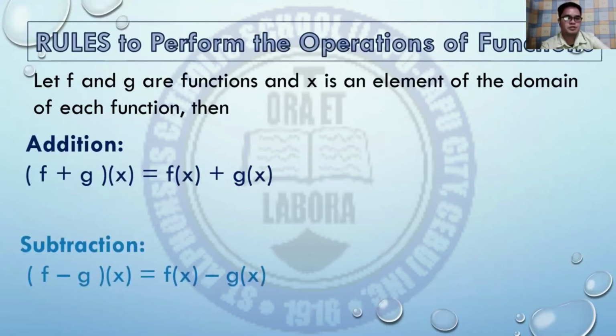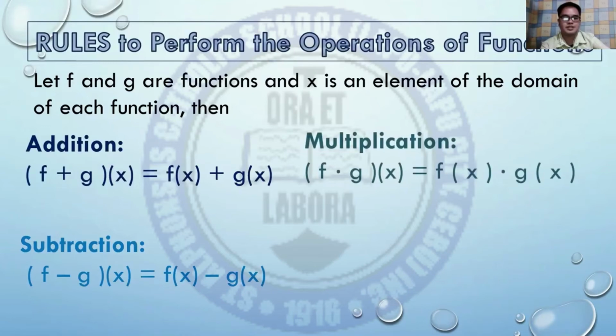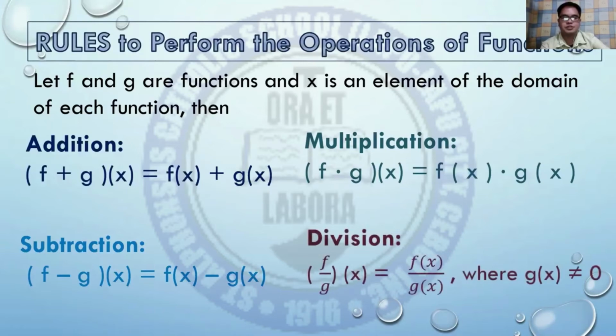For subtraction, f minus g of x equals f of x minus g of x. For multiplication, f times g of x equals f of x times g of x. And for division, f over g of x equals f of x over g of x, where g of x is not equal to 0.